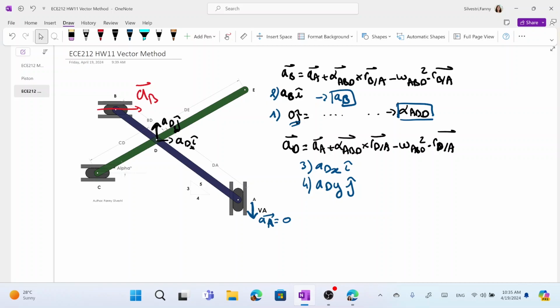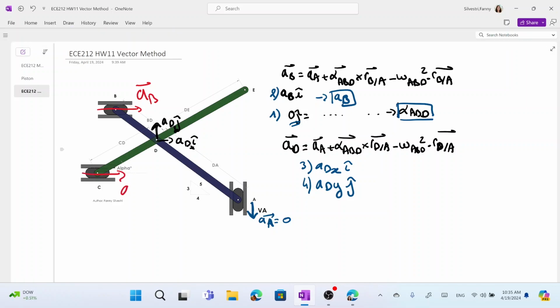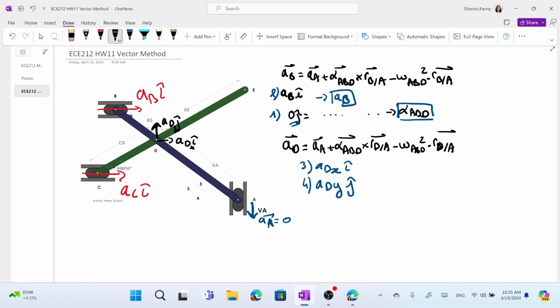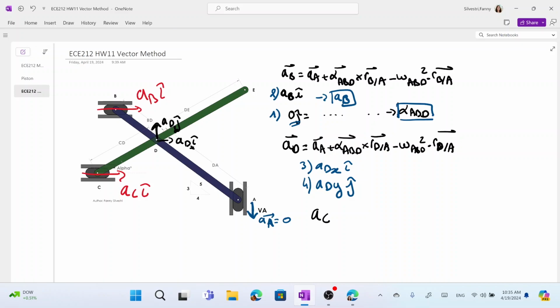So we will use the fact that we don't know the value of AC, but we know that AC is only on I hat. So we will do the equation AC, that is just on I hat, equal AD. You can't use AA or AB because it's not on the same rod. So we need to use AD. That's why it's important to find AD.